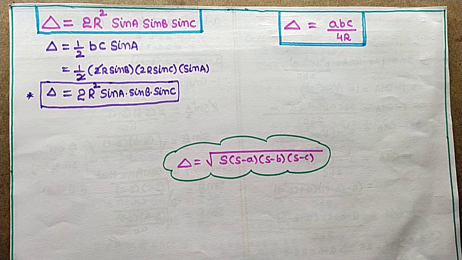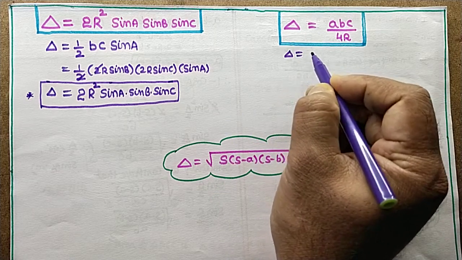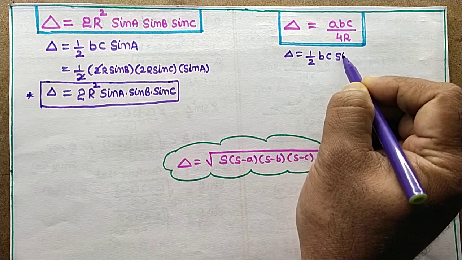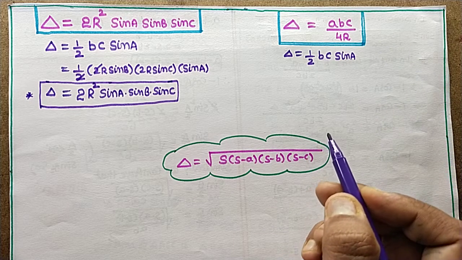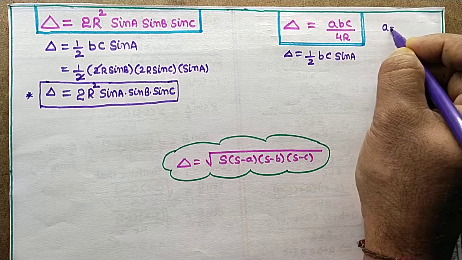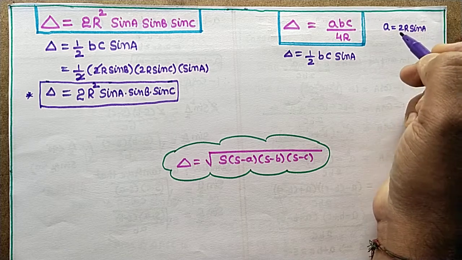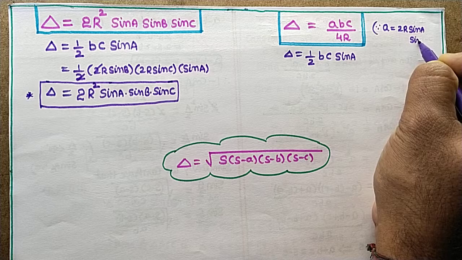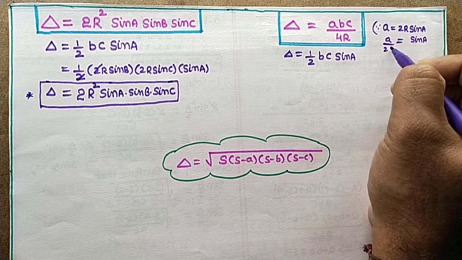We'll move to the next one. Here also the same formula we can take, delta equal to half bc sin A. From the sine rule, a is equal to 2R sin A. Making sin A the subject, sin A is equal to a by 2R.